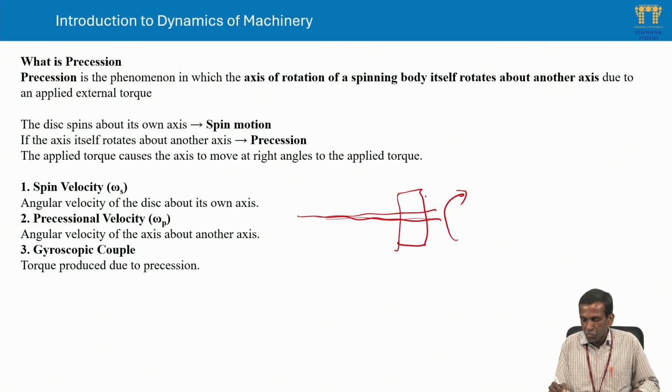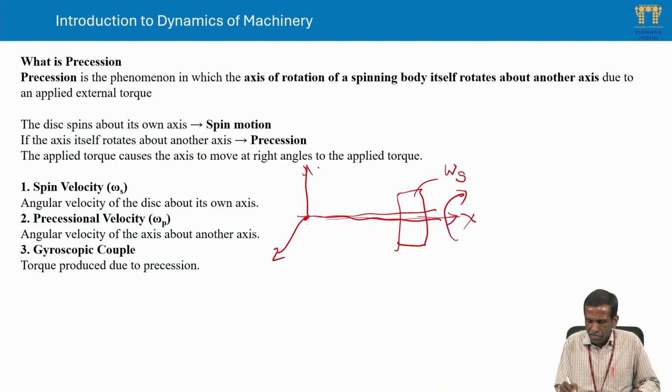So this spinning body is rotating with angular velocity omega s, let us say. Let me draw the other axes. Suppose the perpendicular axes are like this: the spinning body is rotating about the x-axis, and there are the y-axis and z-axis.